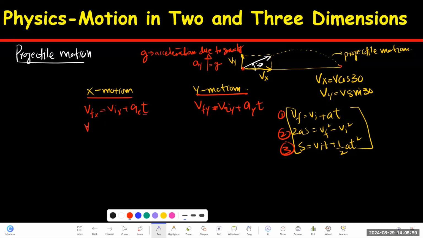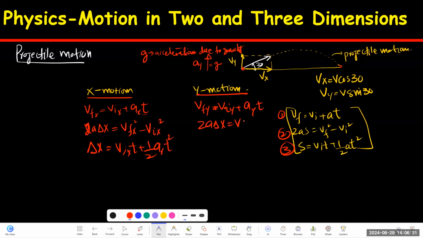Same thing, I'm going to write the second equation: 2a delta x equals vf squared minus vi squared, and delta x equals vix t plus half ax t squared. Same thing here: 2a delta y equals vfy squared minus viy squared.